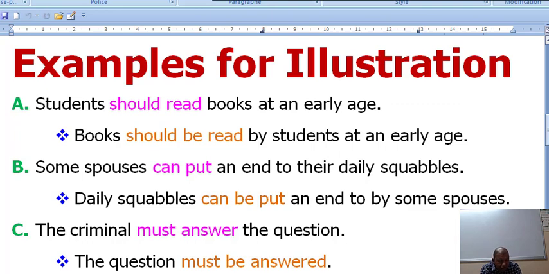Concerning present, past, past participle, put. Number three, the criminal must answer the question. The question must, then we bring be, so all the time be. Concerning the first structural rule, always be. We have modal, be, past participle, must be answered.